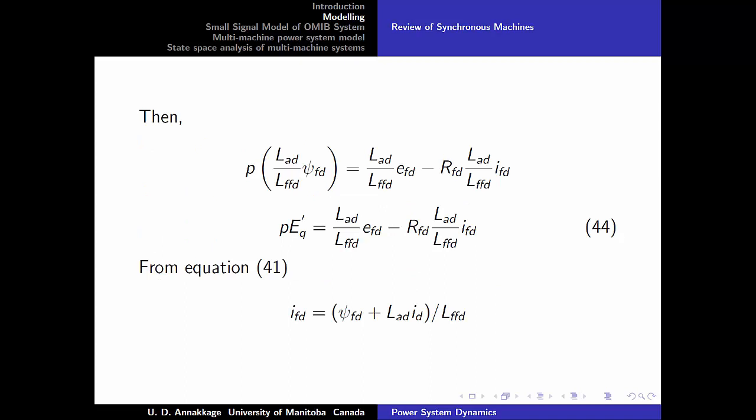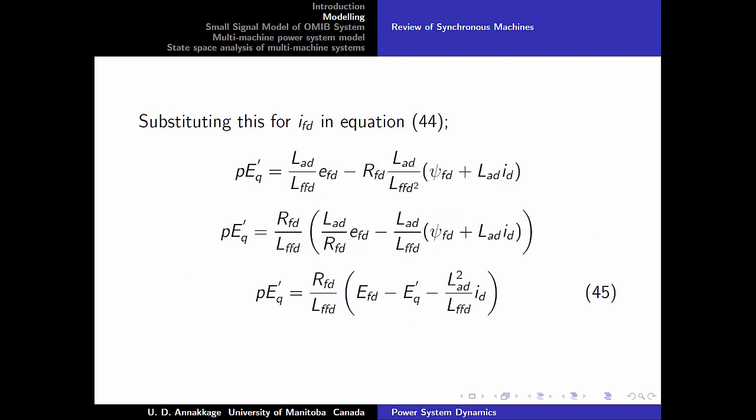Now we can manipulate these equations to derive a differential equation for EQ prime. From equation 41, we get IFD as shown in the equation at the bottom of the slide. And we can substitute that IFD into equation 44, also introducing the newly defined voltage term EFD.